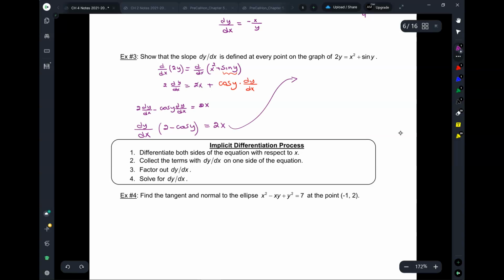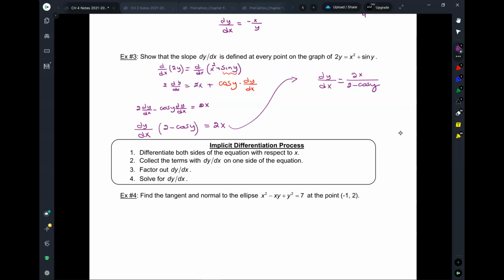And so now, dy/dx is equal to, I divide by this parenthesis, 2x over 2 minus cosine y. Okay? We don't cancel out the 2's. They're fine.